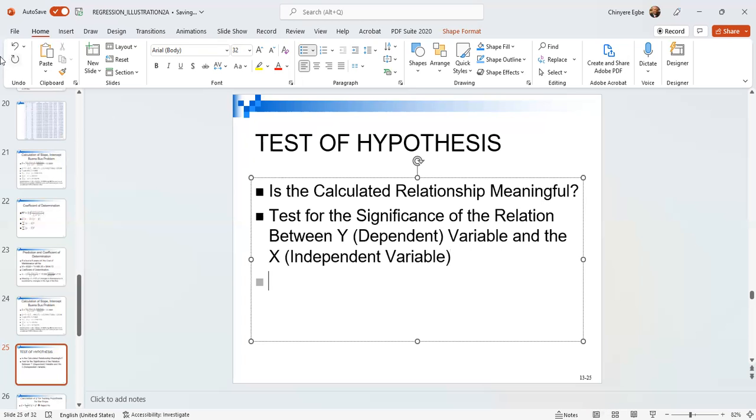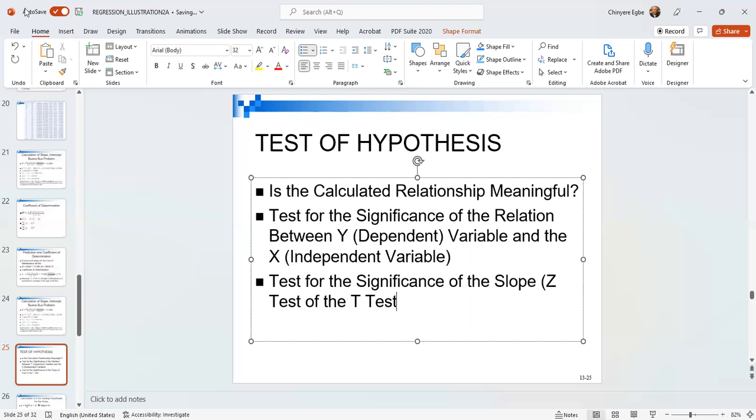And so you test for the significance of the slope. That's what you do. You test for the significance of the slope. You use z test or the t-test.